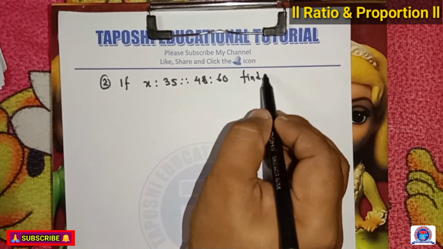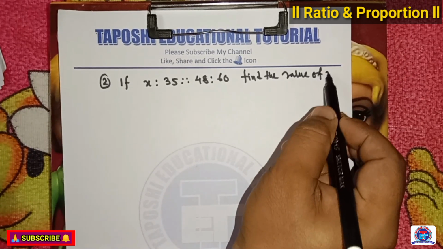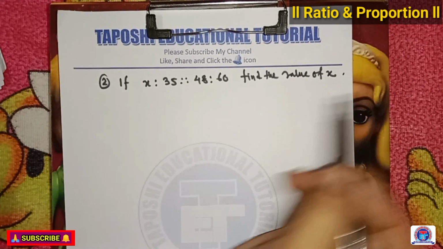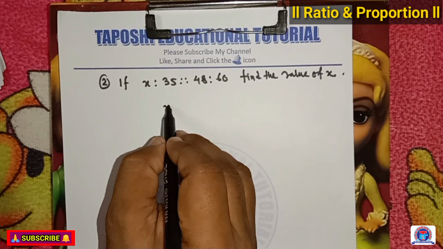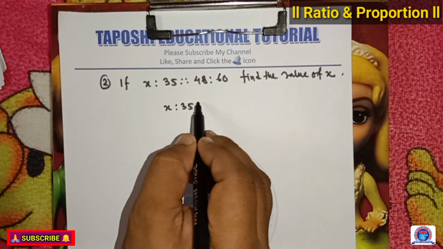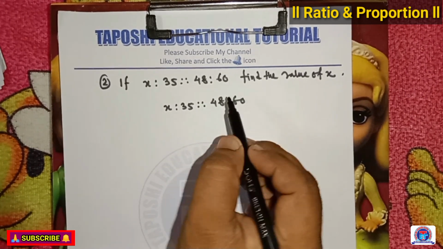Find the value of x. Correct? So same like that we can write x is to 35, proportional 48 is to 60.